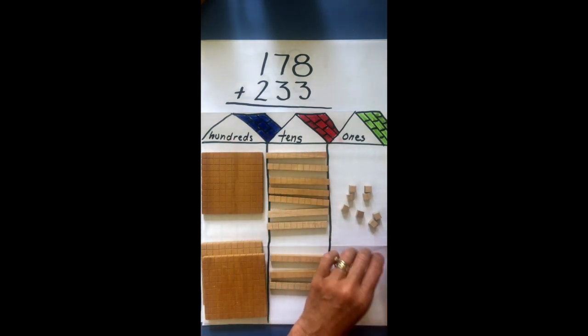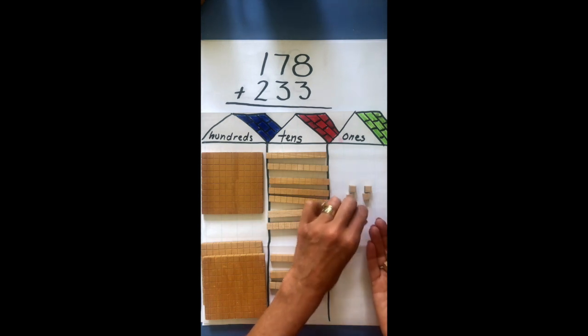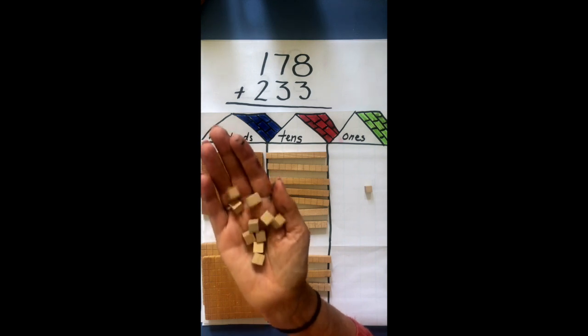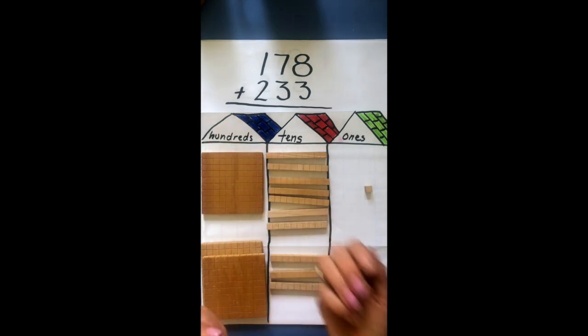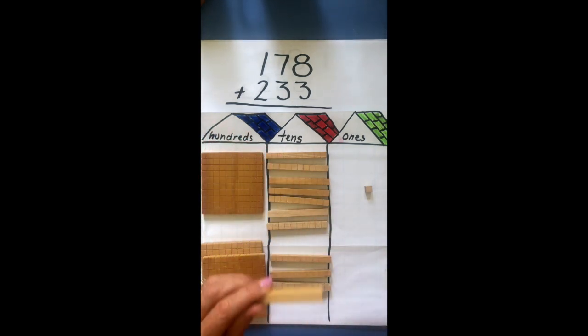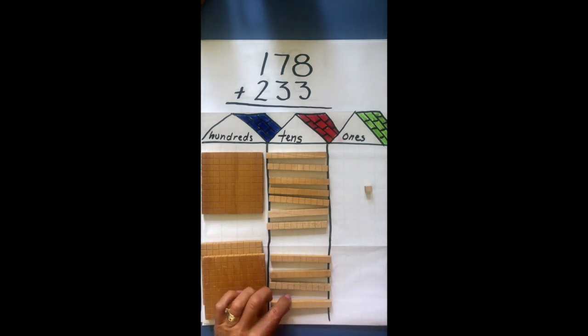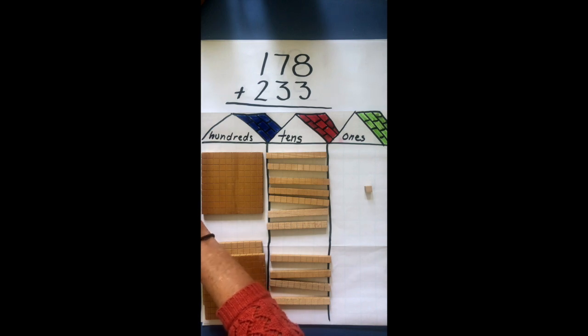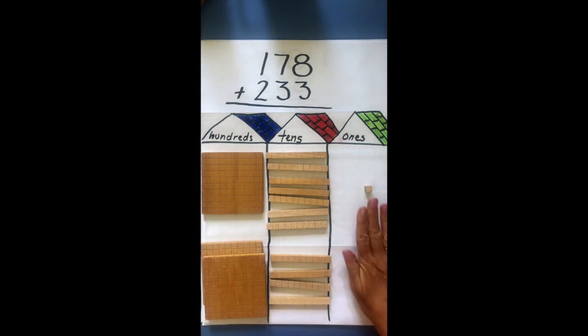So 1, 2, 3, 4, 5, 6, 7, 8, 9, 10. I'm going to take these 10 and trade it for 1 ten that's glued together like this, because this is a tens house, okay? Ones can't be here unless they change form. Right, so I'm done with the ones house.